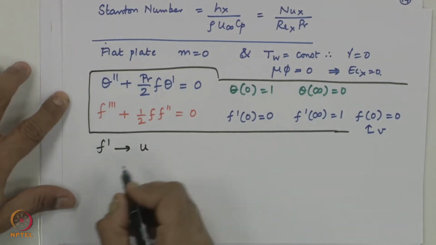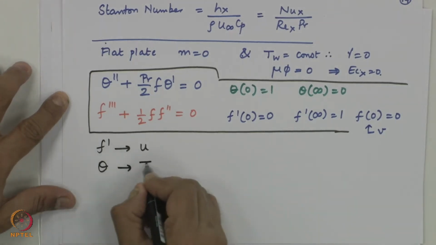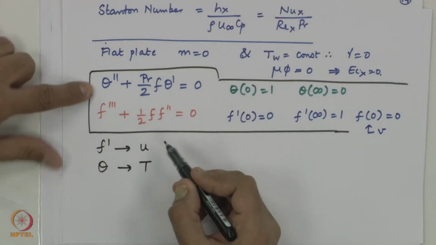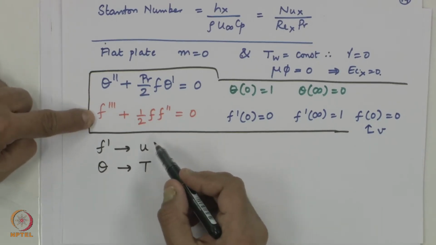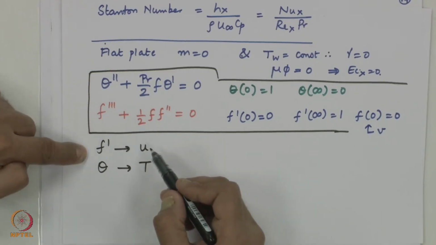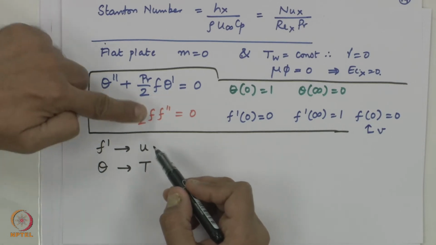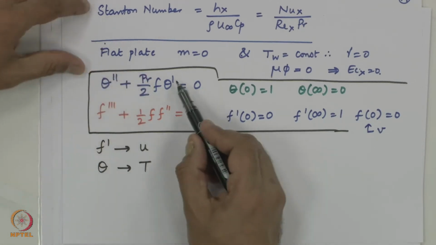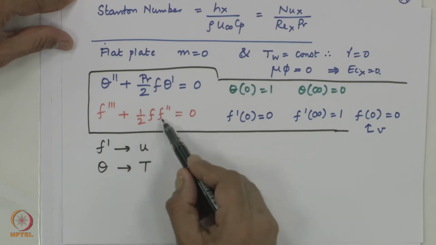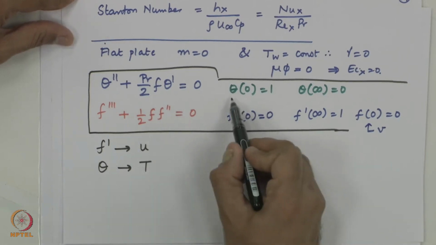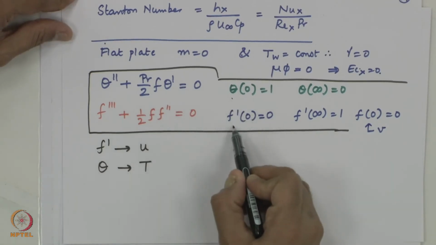We had to define it that way. Theta was my temperature. So the second derivative of temperature, the second derivative of velocity, comes out as f triple prime because u was f prime. F as it is. Theta prime is the first derivative of temperature, f double prime the first derivative of velocity. Theta temperature, f prime velocity.